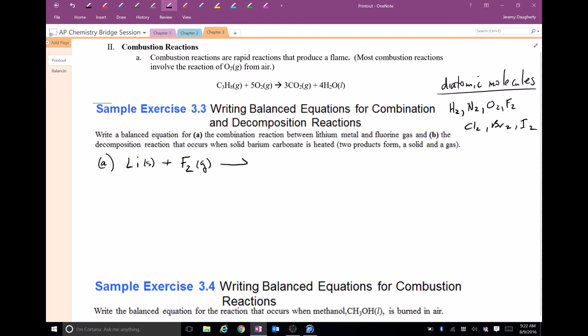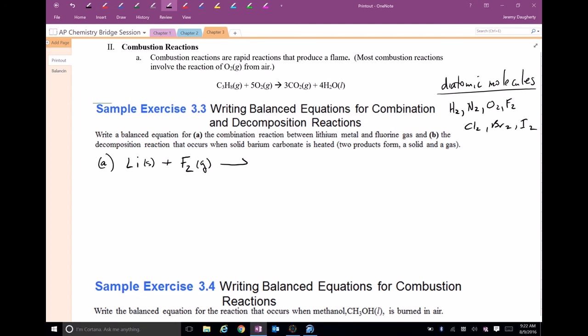Bromine, Br2. Okay, so we got a metal combining with a non-metal, so it's forming what type of bond? It's an ionic bond.